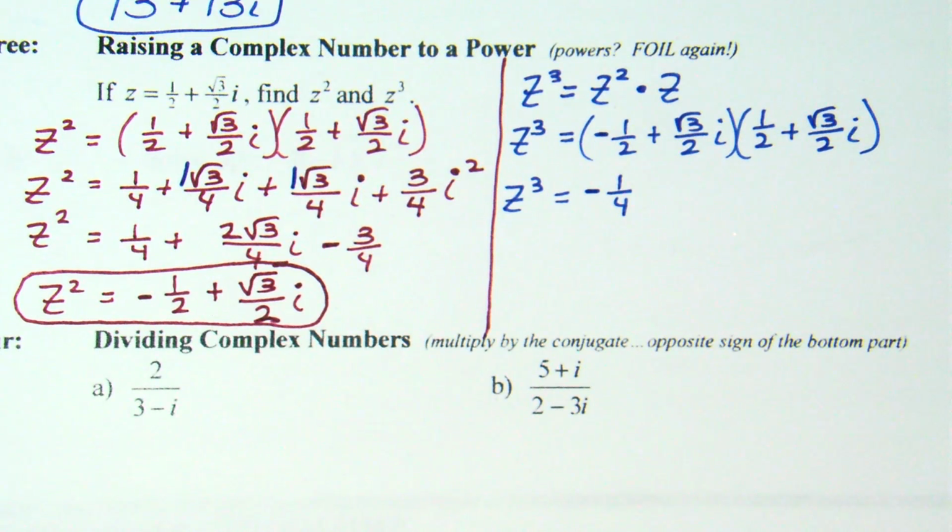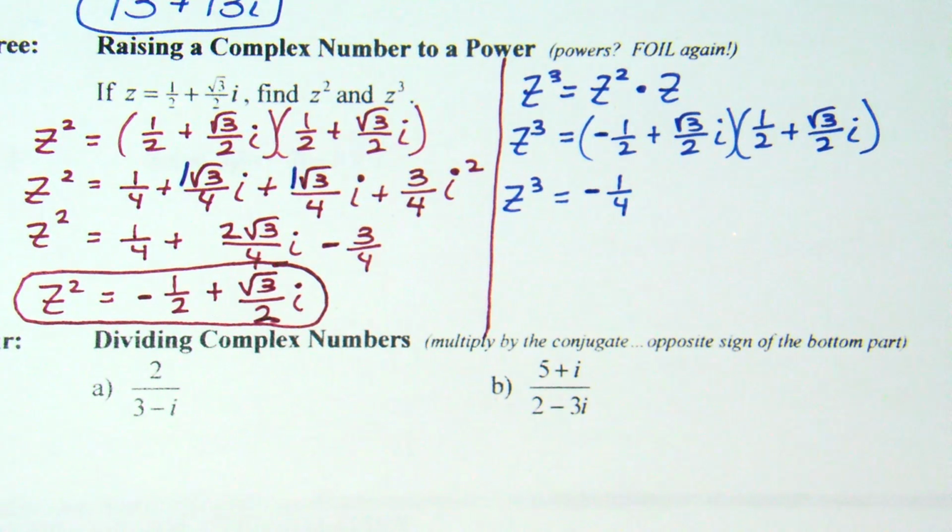Yeah. Okay, so I should have told you guys to finish this while I was talking to them. Did you finish? No. You guys are waiting on me, aren't you? Okay, first was negative 1/2 times positive 1/2, which is negative 1/4. Outsides: negative 1/2 times positive radical 3 over 2i.